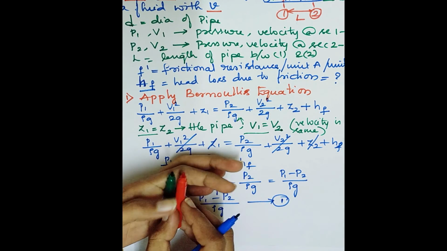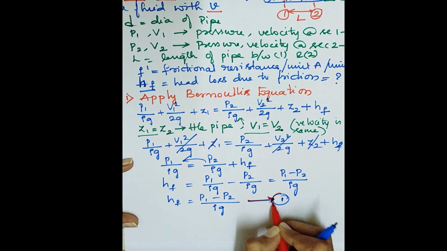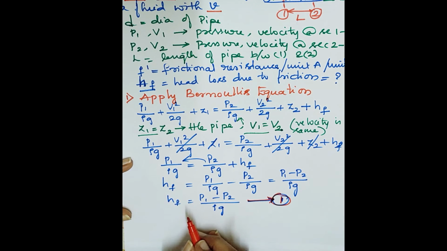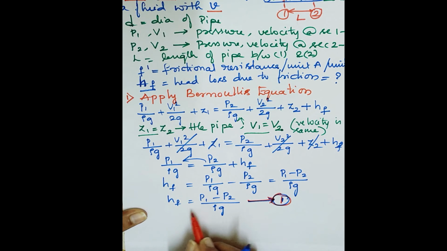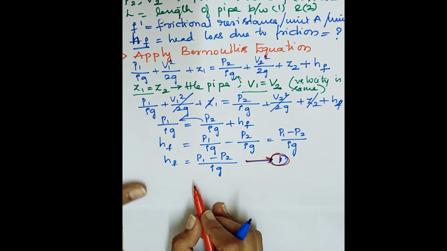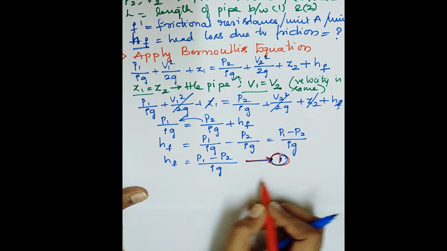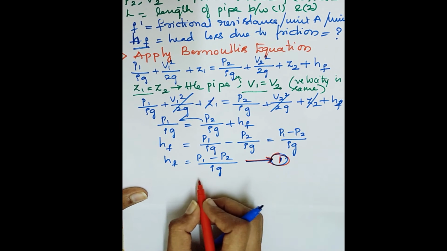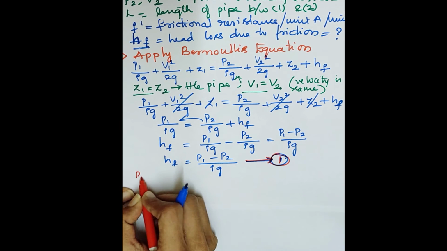After applying Bernoulli's equation, we got equation 1, that is HF is equal to P1 minus P2 by rho g. In this equation, we have to find out what P1 minus P2 is.